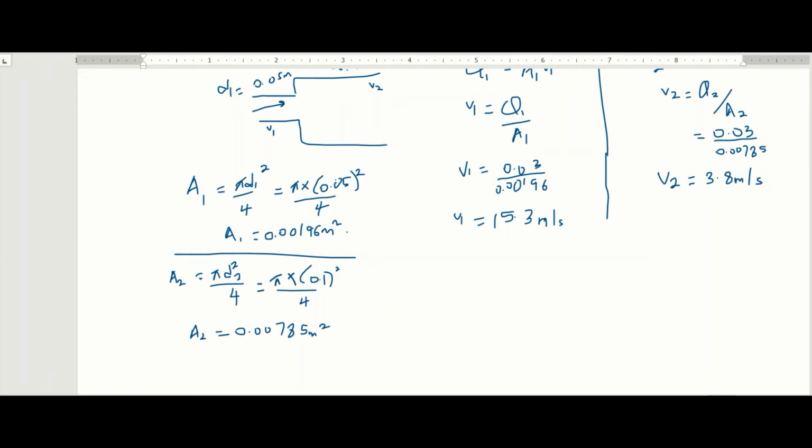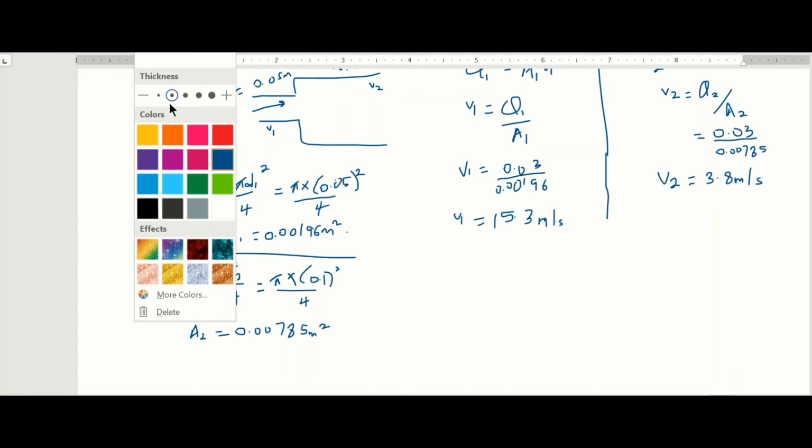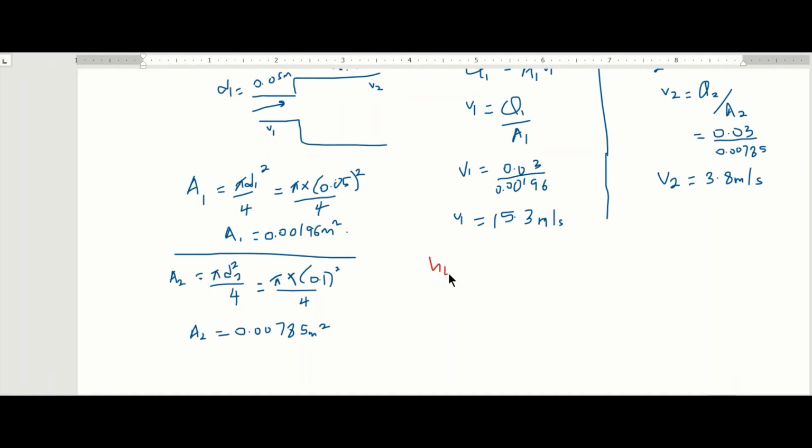So now we can find our head loss at sudden enlargement, which is HL equal to (V1 minus V2) all squared over 2g. So we can put in our values, open our brackets.